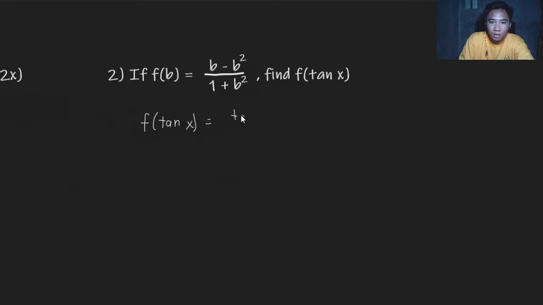So, tangent x minus tangent x, the quantity squared, all over 1 plus tangent x squared.